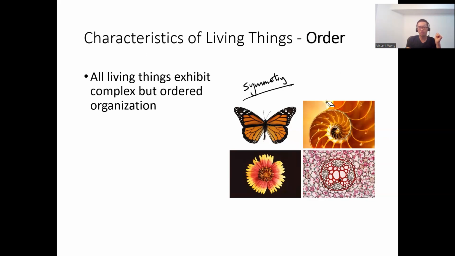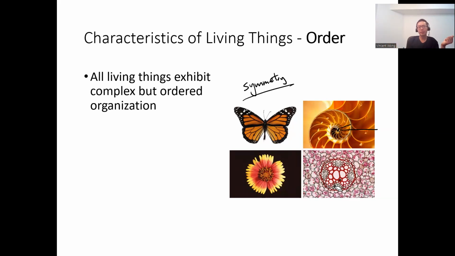This is a seashell, right? Fun fact, if you measure the distance from the center of the seashell to the edge of each spiral, the ratio is the same for each layer. Okay, so there's, again, organization to it. Okay, the number of petals that you find on flowers are multiples of 3 and 7 sometimes.